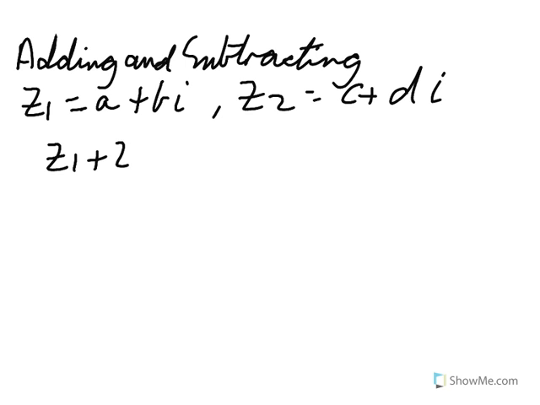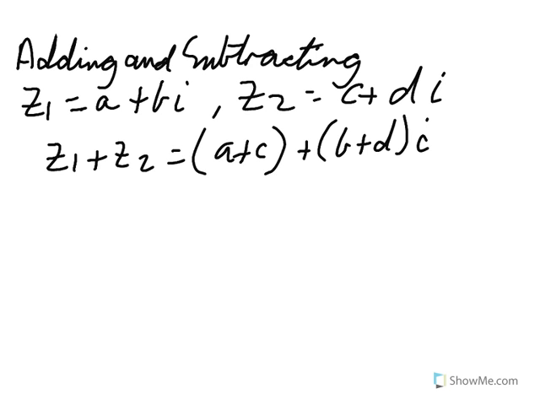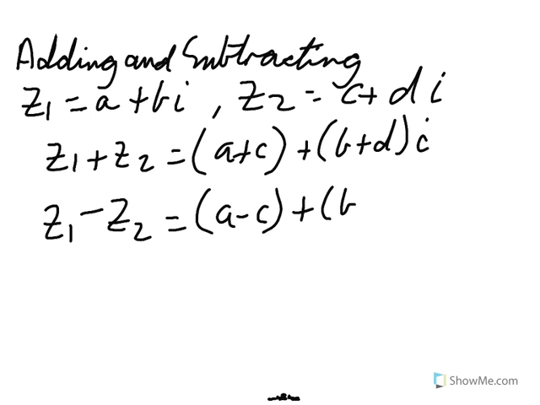So z1 plus z2 would be a plus c, the real components added together, and b plus d, the imaginary components added together. For the subtraction, of course, we just subtract our real and imaginary components, so it's going to be a minus c for the real part and b minus d for the imaginary part.